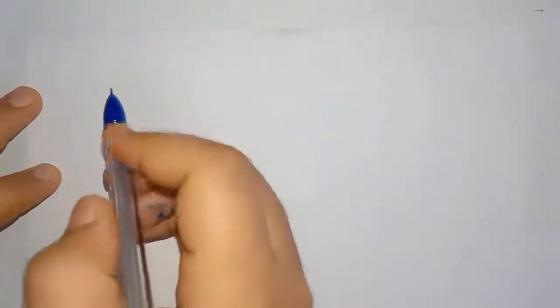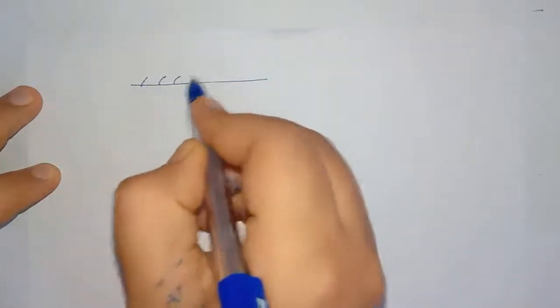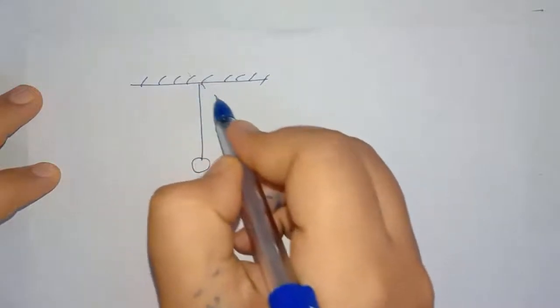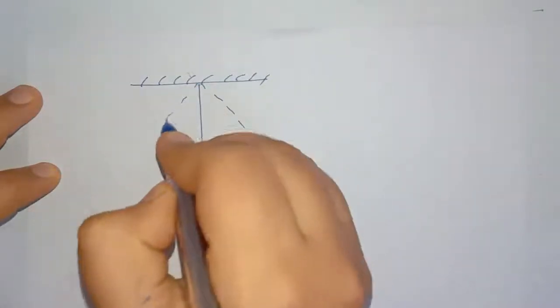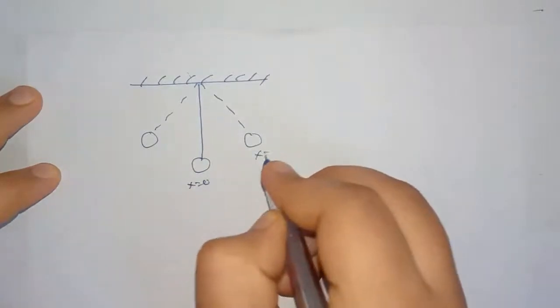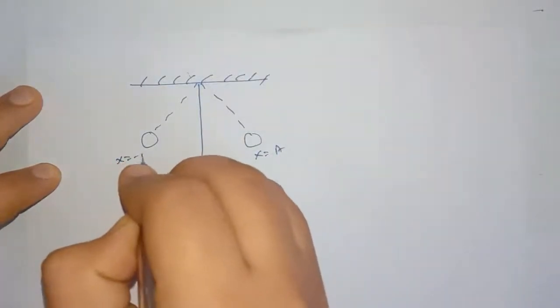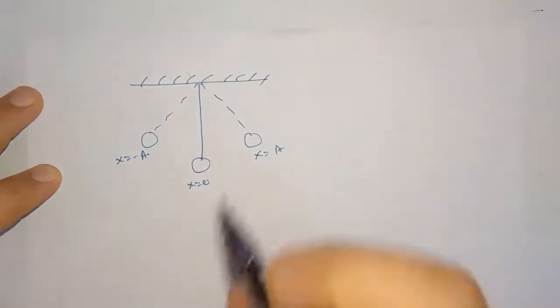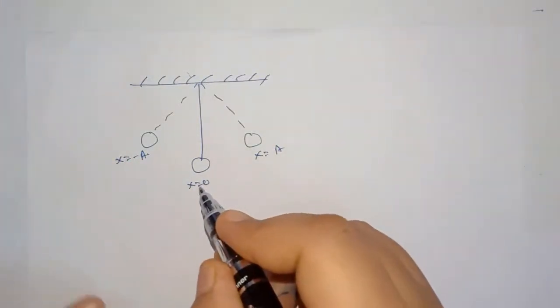Now let us see the variation of either energy, potential or kinetic, with time. Let's say this particle is starting its oscillation from mean position.